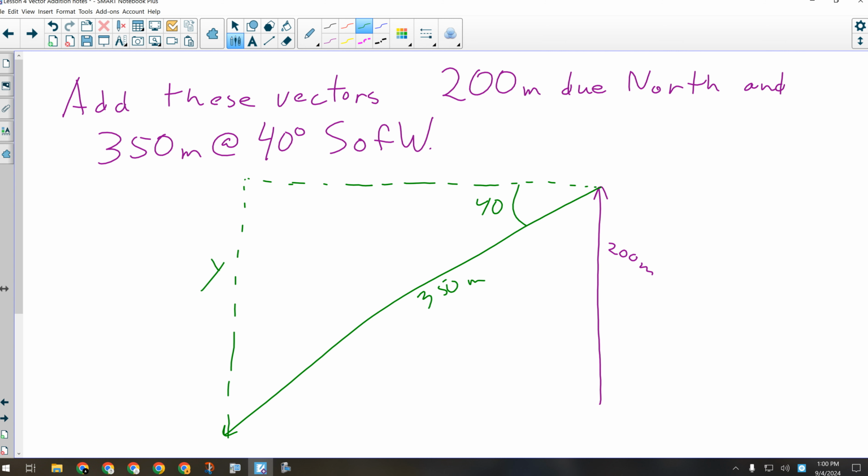So this will be Y, this will be X. I think it ends up slightly below or south of where it started. It's a tricky one, and that's why I picked those numbers. What if I wasn't sure? What if I drew this and I'm like, oh man, it's really close? What could I do before I finish the diagram?